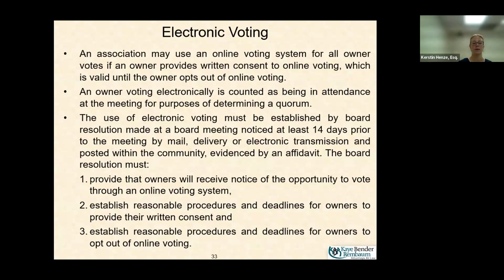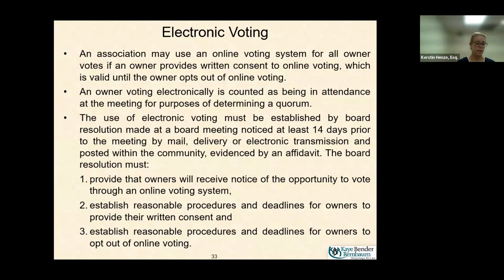And they can continue to vote electronically for elections and any other meeting at which board members need to cast a vote until the owner opts out of online voting, in which case they need to opt out also in writing. Okay, so the board institutes electronic voting, approves it at a board meeting by resolution, but owners still have to consent to it.